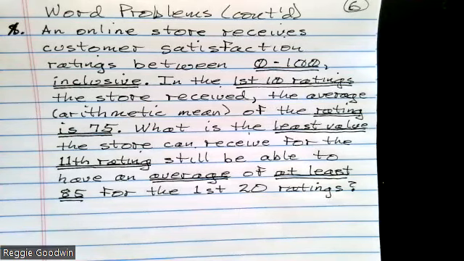And then I double underlined the first 10 ratings, and that the arithmetic mean of that rating is 75. And then what they're looking for is the least value for the 11th rating. And that's kind of where I want to key you in on how to look at this. And then the average of at least an 85 for the first 20 ratings.